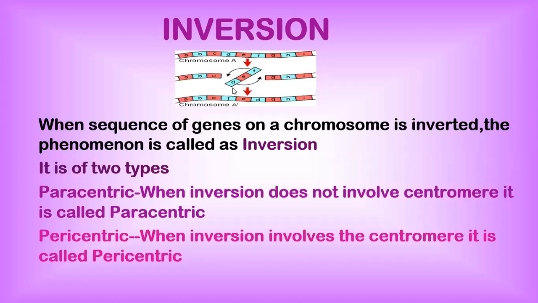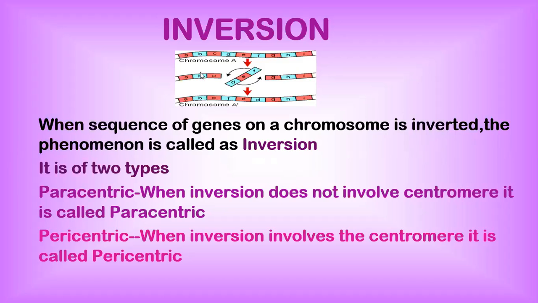As a result, the chromosome after inversion is A, B, C, and the inverted sequence goes F, E, D, G, H, and I. So what is inversion? When the sequence of genes on a chromosome is inverted, the phenomenon is called inversion.